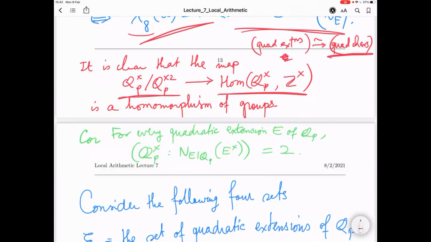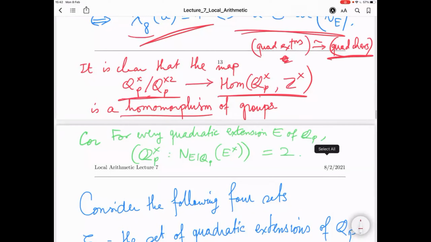So you get a map of sets by sending the trivial element here to the trivial element here. And the claim is that it's a homomorphism of groups.